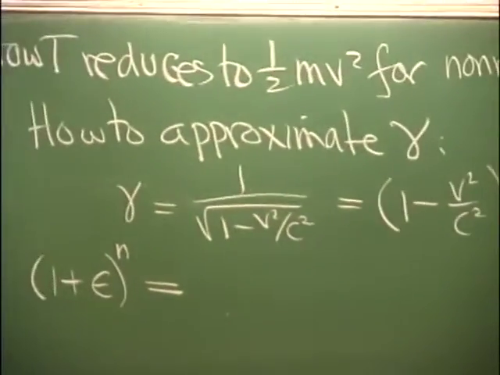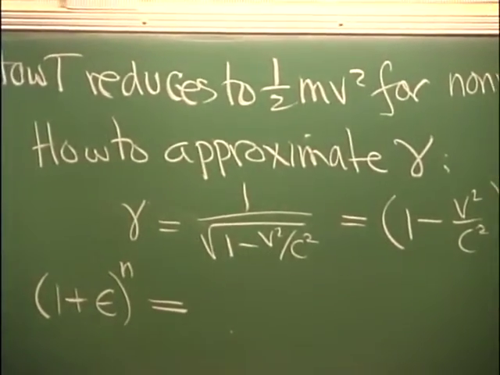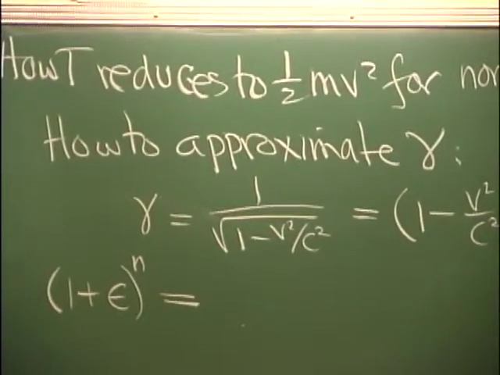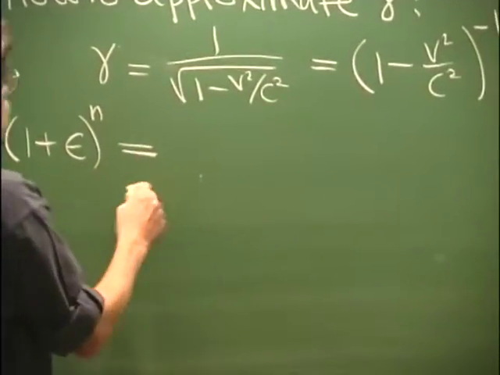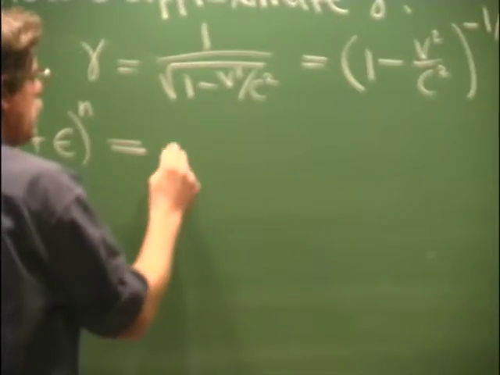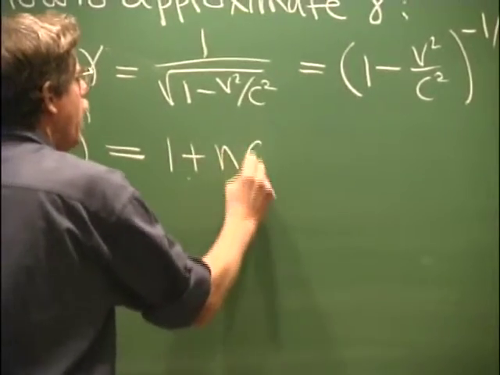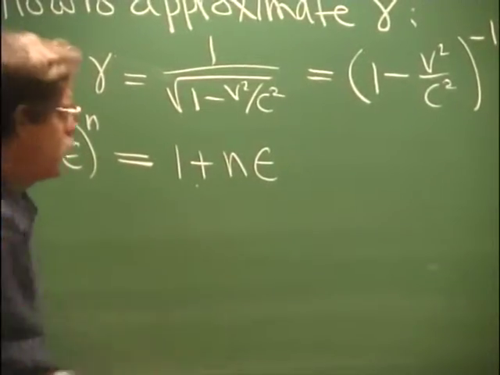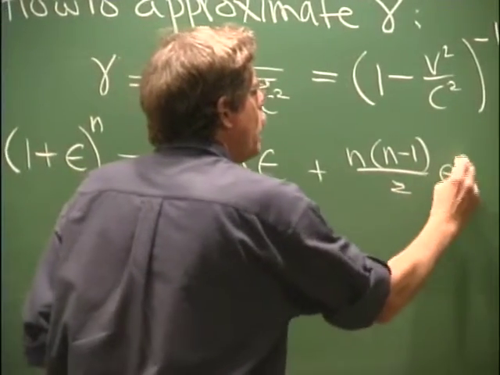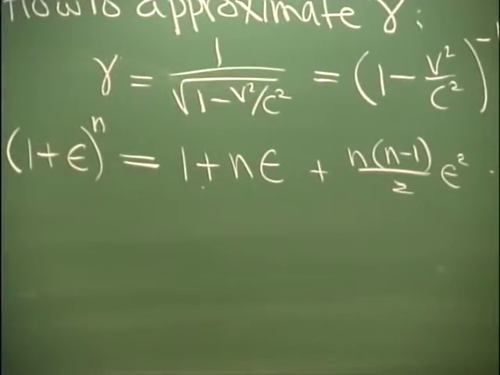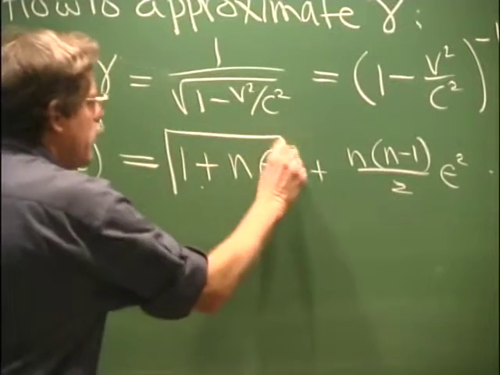What you use is the binomial theorem. Remember the binomial theorem? Oh man, ages ago. Well, the first two terms in the binomial theorem say 1 plus epsilon to the n is 1 plus n epsilon, and then there are some other terms, plus n times n minus 1 over 2 epsilon squared, and so on. But I'm only interested in the first two terms.